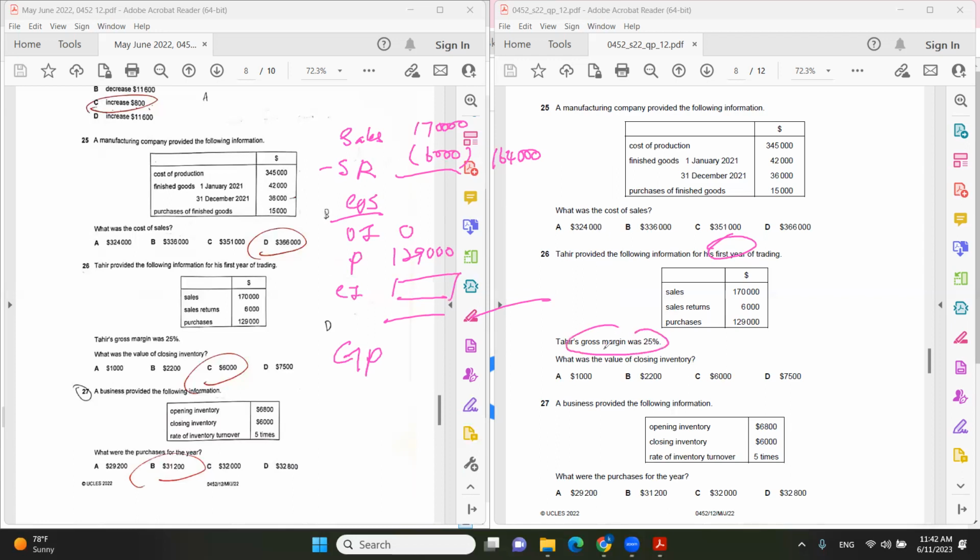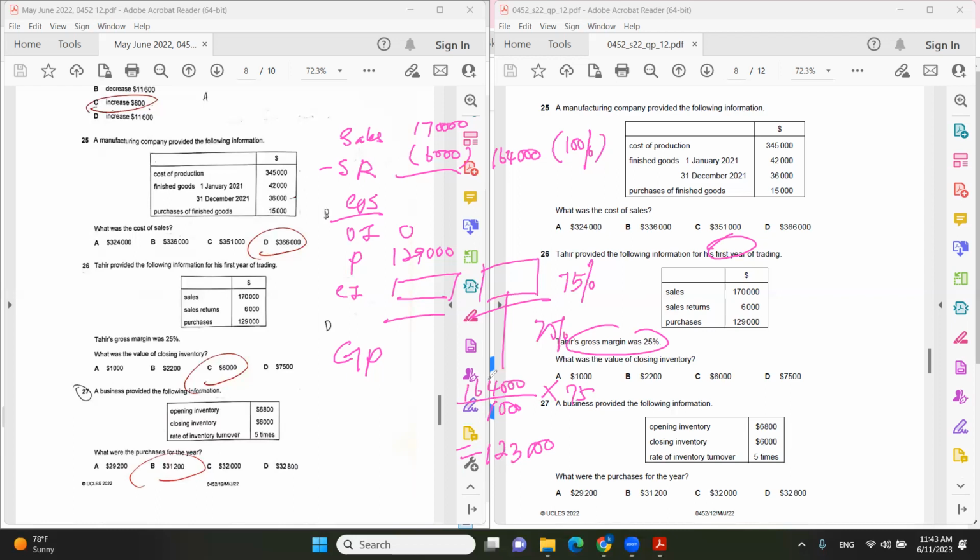Gross profit margin is 25%. The revenue is 100%. The formula is gross profit divided by the revenue. So this is 100%, so the cost of sales automatically is 75%. We get this one out first. We take 164000 divided by 100 times 75. So we get the cost of sales is 123000.